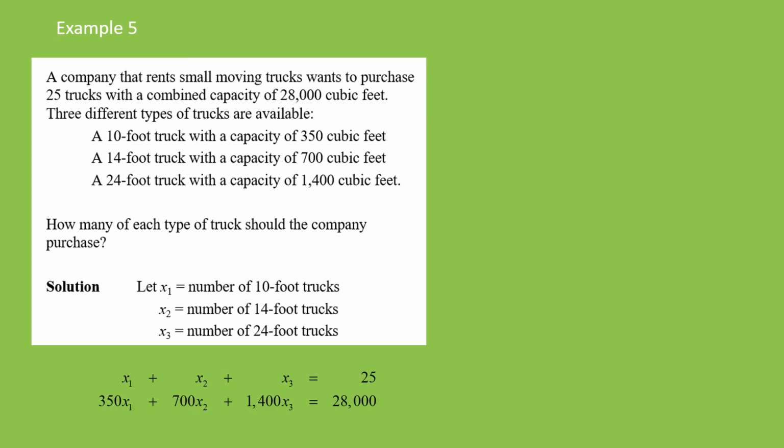So we have 2 equations, the first using the number of trucks and the second one using the total capacity. So we can solve this augmented matrix, and the reduced row echelon form is this.